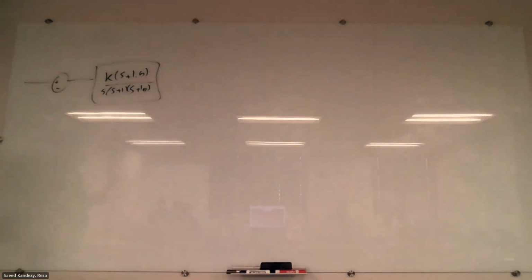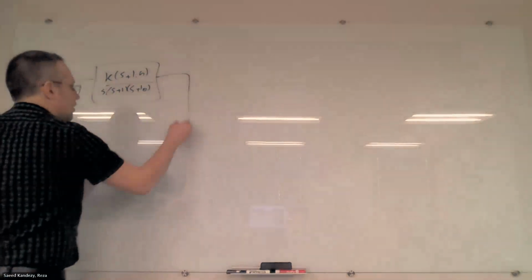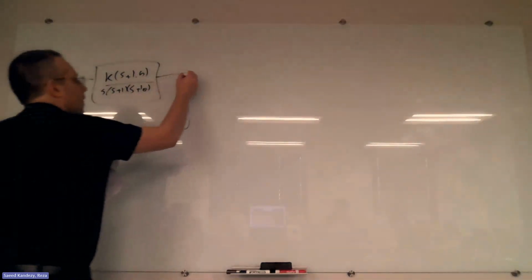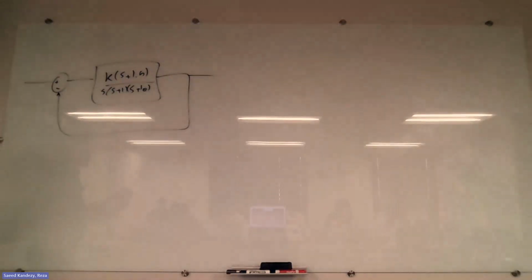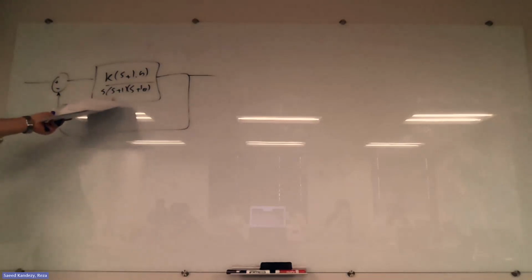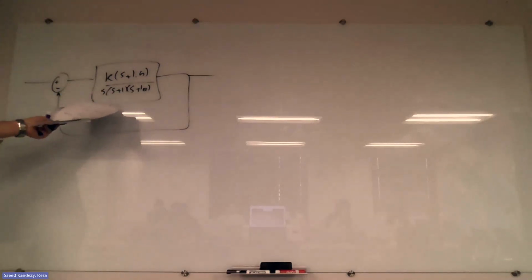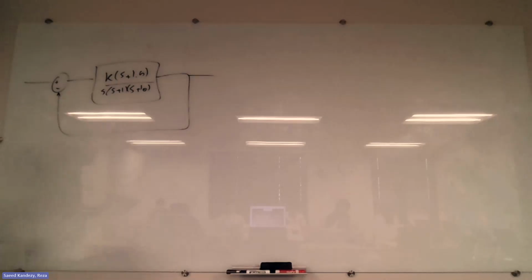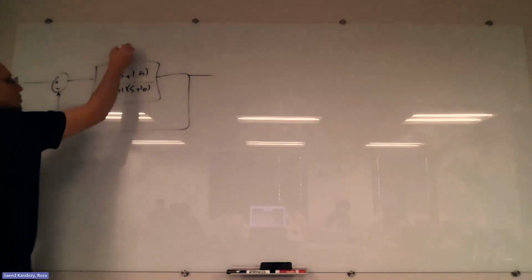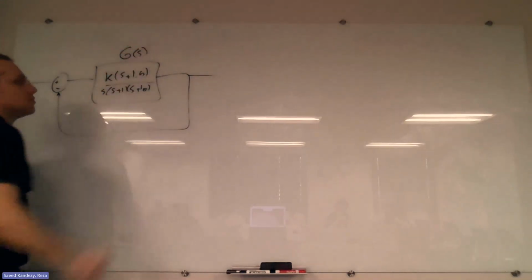And this is a unity feedback loop, actually. So G of s, the open loop or forward path transfer function, is this.